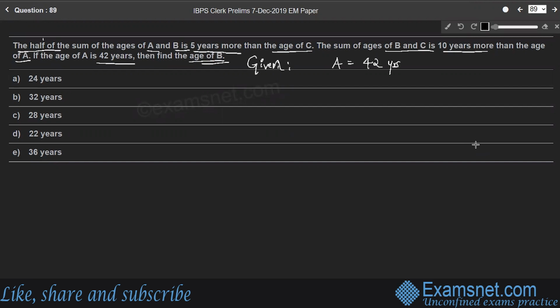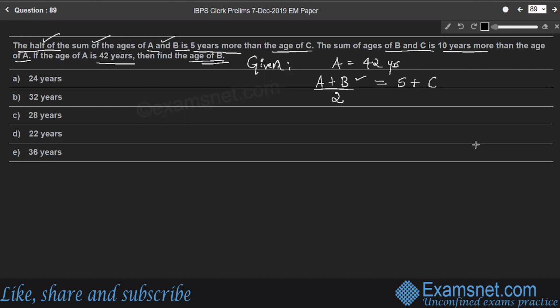Half of the sum of the ages of A and B is (A plus B) by 2, which is 5 years more than the age of C, that is C plus 5.